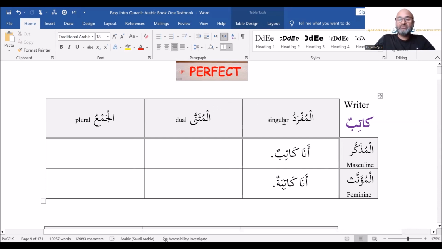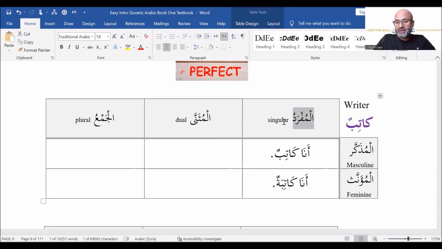And the technical term for the word singular in Arabic grammar is al-mufrad. And the technical term for the dual is al-muthanna. And finally, the technical term for plural in Arabic is al-jam'u.